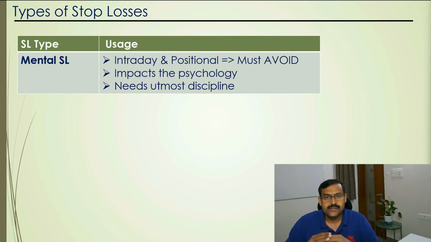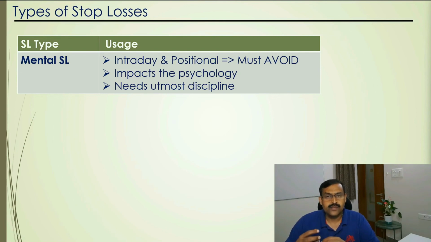The next type of stop loss is the mental stop loss. What it means is there is no stop loss in the system. You have mentally kept some stop loss to exit. So what happens is when the position goes against you, it will impact your psychology. You may end up waiting for something to happen, hoping that it will recover, and you may end up losing more. So that is why this kind of a stop loss must be avoided both for intraday as well as for positional trades.